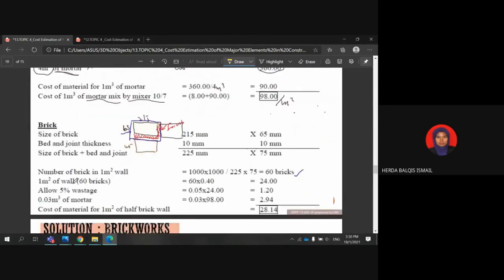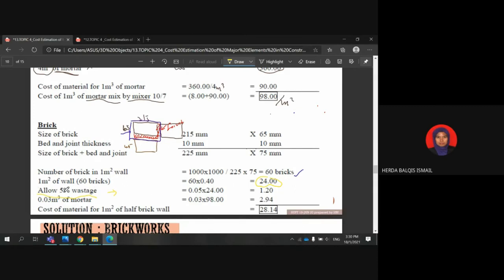So allow 5% wastage. In this question, 5% is calculated from the total price for 60 bricks. One piece of brick is 40 cents, so the total price for 60 bricks is RM24. So 5% wastage is from the total price.